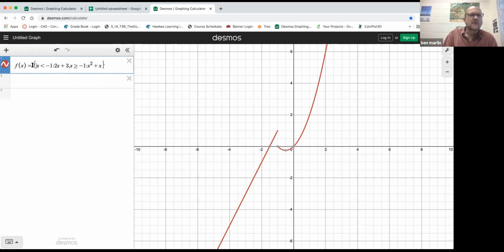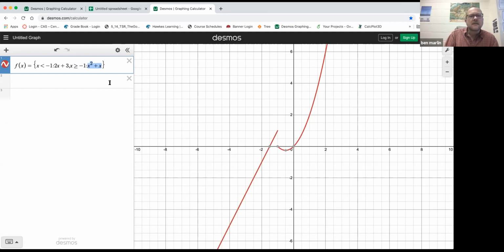You can use these curly brackets and say, here's a condition on my x values, and then I put a colon and have my formula. And here's a different condition on my x values and a colon, and I give you this different formula. So those were the two formulas that I have taken off the screen there.